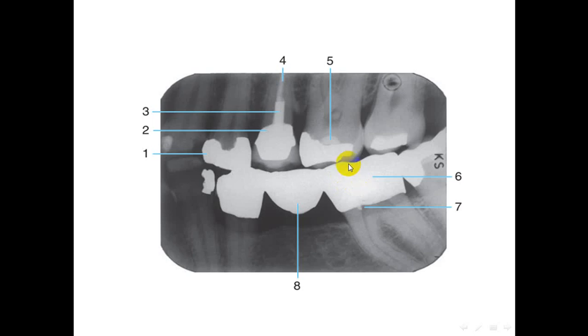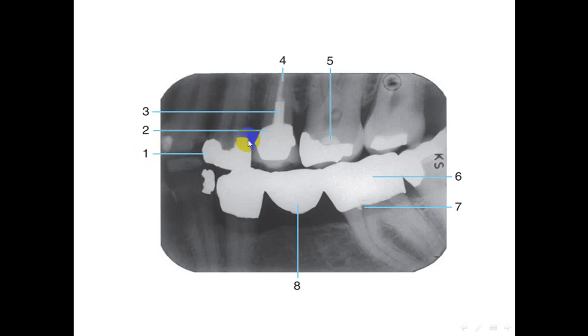So, we may take the following dental radiograph and we explain what we see in each item. Starting with this radiograph, here showing the dental materials frequently used in dental practice. First of all is the amalgam restoration.